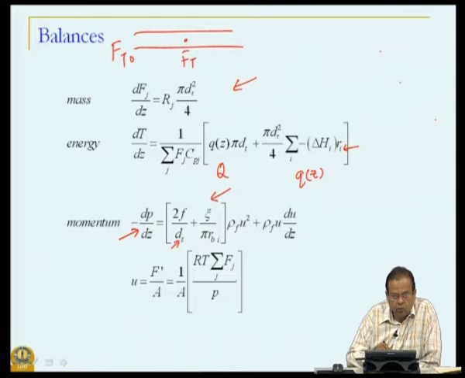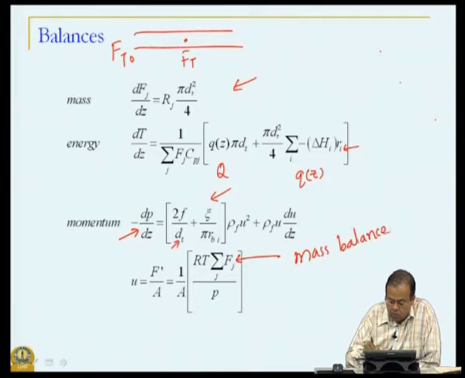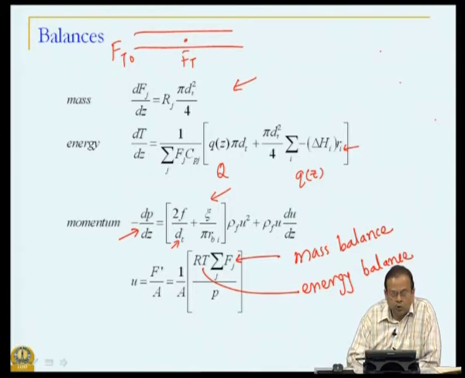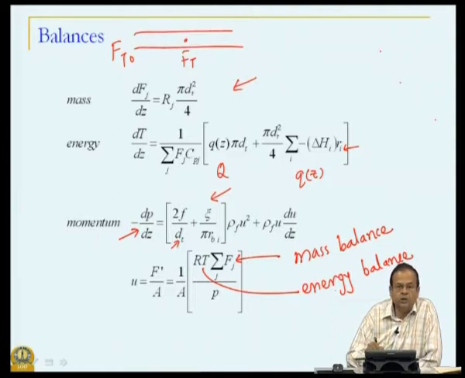Velocity now, if you look at, is RT summation Fj by P. Fj coming from mass balance equation, temperature coming from energy balance equation. So, our momentum balance equation is coupled to mass and energy balance equation.